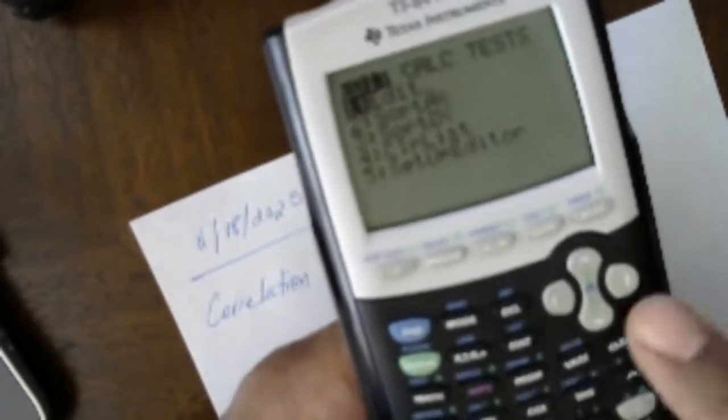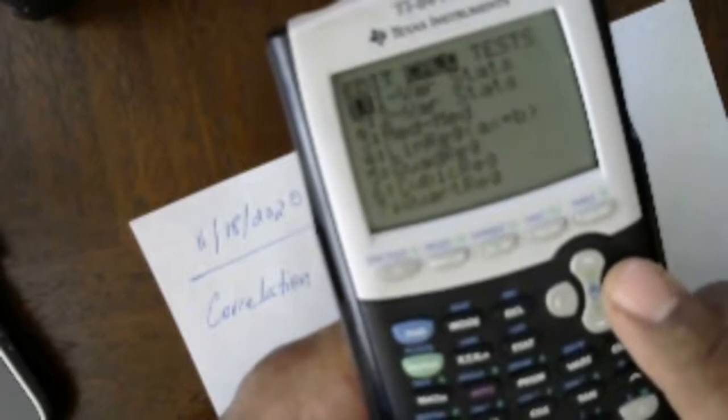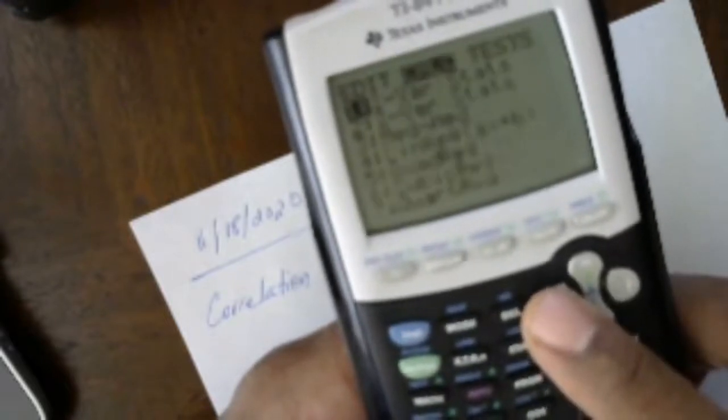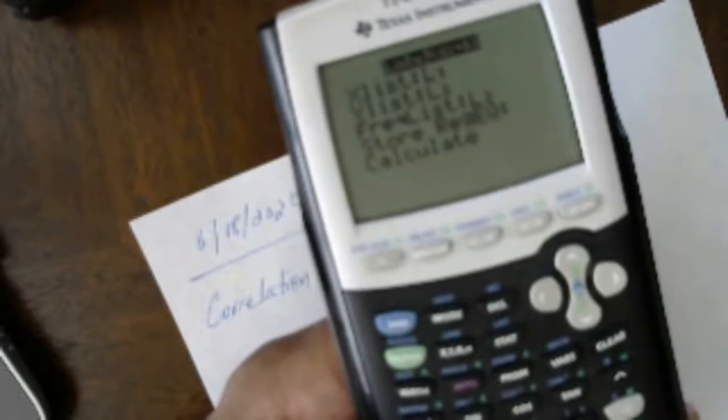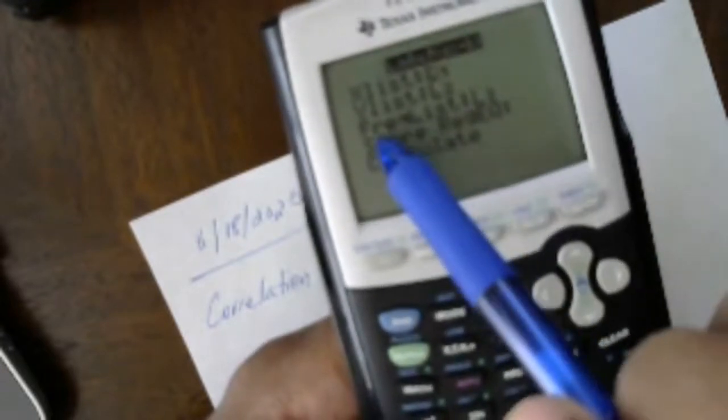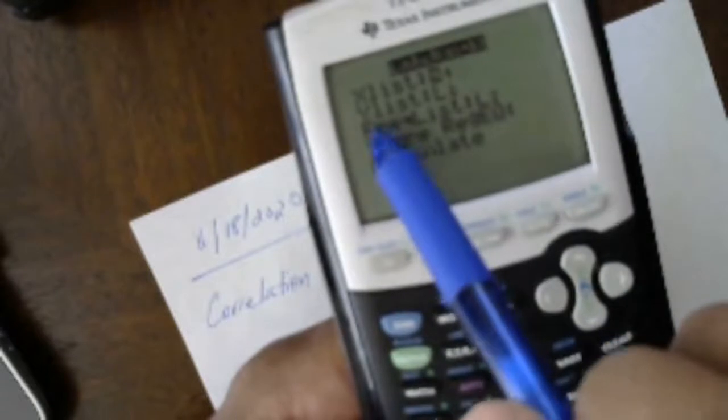Okay, so now this is what I mean about turning that diagnostics on. So let's just say I'm going to calculate R. So I want to hit stat. I want to go over to calculate. And if I go down to linear regression, hit enter once. Okay, so it says that X is L1, Y is L2.